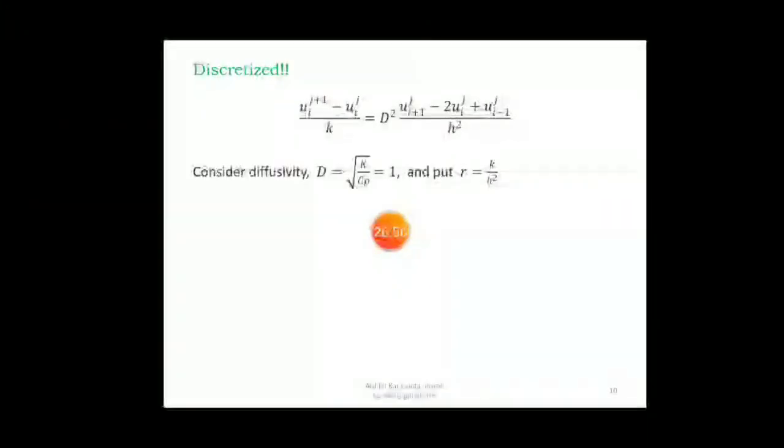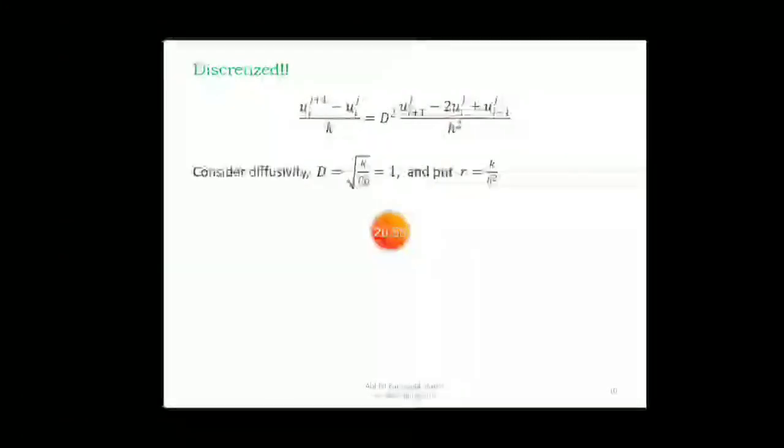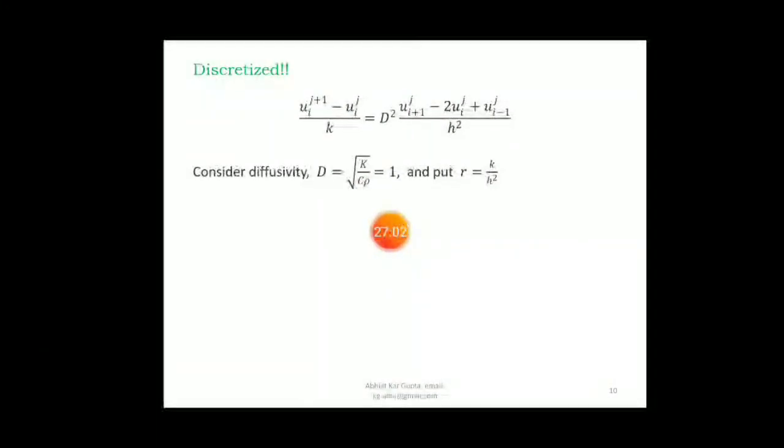In a problem you can be given some K, c and rho. K is the thermal conductivity, c is the specific heat, rho is the density of the material, and you can set the scale of the problem in such a way that you can take D equal to 1. Okay, so in computer you can take arbitrary unit and scale.